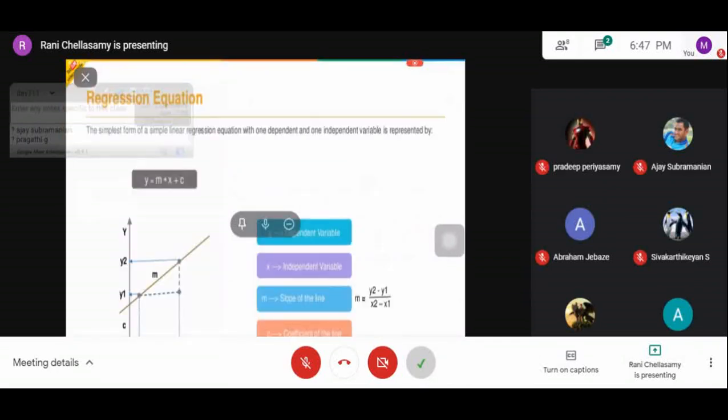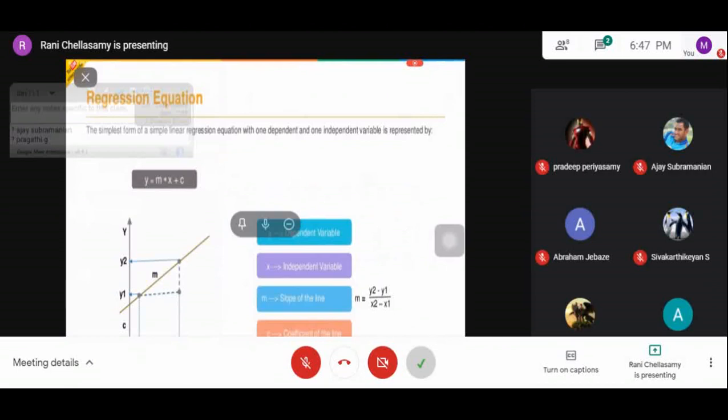So just now we have seen the linear regression equation, that is y equals mx plus c. Okay, so this simpler form of the linear regression equation with one independent and one dependent variable is represented by y equals mx plus c.